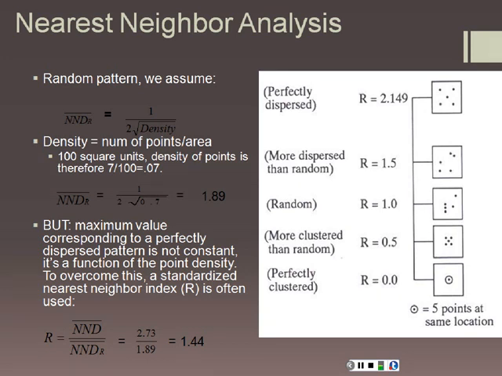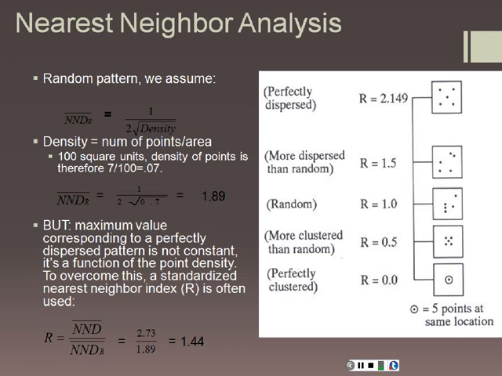Essentially, using this nearest neighbor index value, we can start to get at whether our points are clustered or not. So if you have a value of 1, this is an index. Usually indices center around either 0 or 1 and range from 0 to whatever, or negative 1 to 1, which would be a 0-centered index.